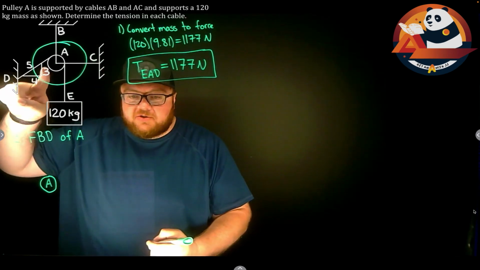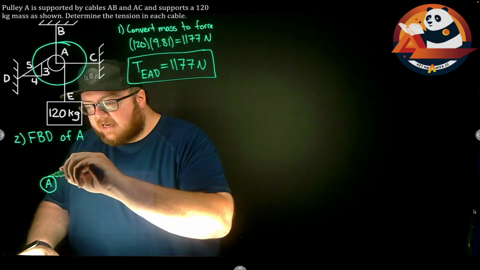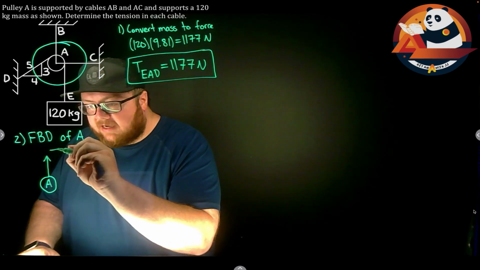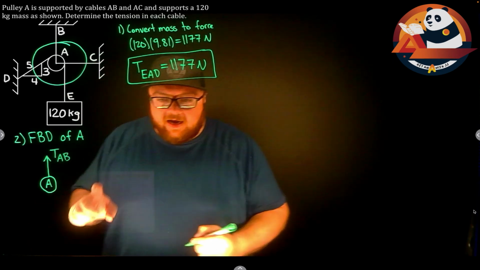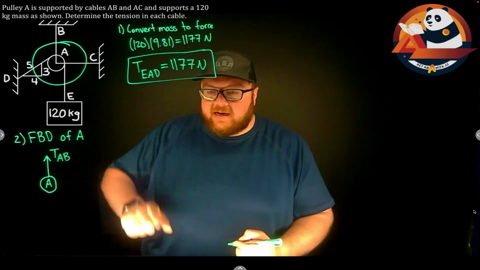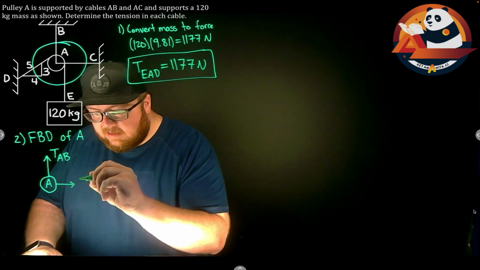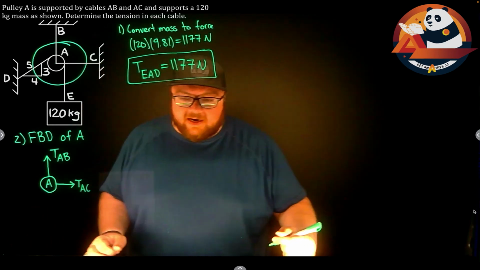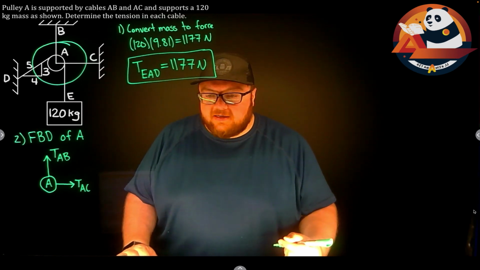I know going straight up from point A, I have cable AB. So I'll put that in as an unknown in here. This is the tension in cable AB, TAB. I have going straight to the right, cable AC. So I'll show it going to the right. TAC, just coming up with some name that kind of makes sense. Tension in cable AB, tension in cable AC.